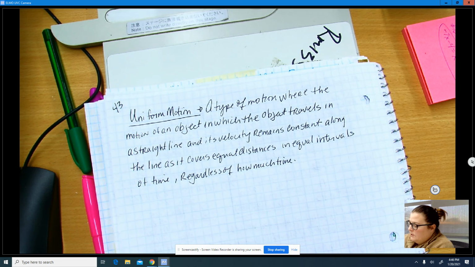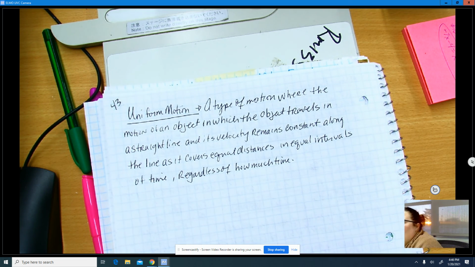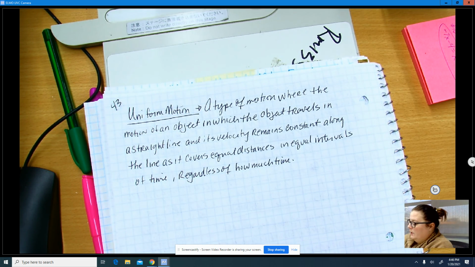Well, first off, we need to know that sometimes we're going to be looking at this in terms of one vehicle or one object, and other times we're going to be looking at this in terms of 2 objects. So we're first going to look at uniform motion of one object.